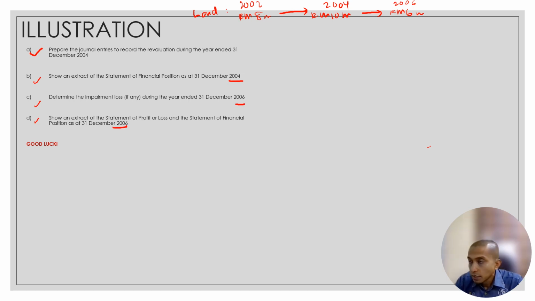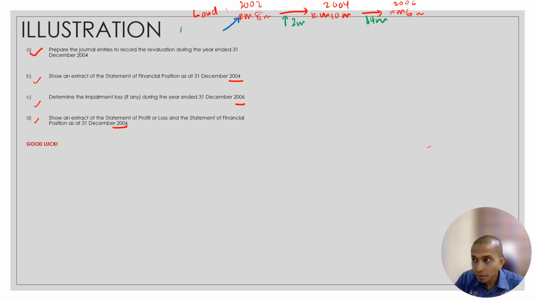I just show on land first. On land here, 8 to 10 increased by 2 million. 10 to 6 decreased by 4 million. Clear? So how to record the 8 million? 8 million is the purchase, which we do not discuss here.